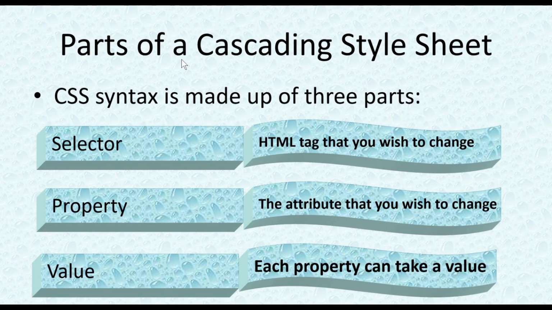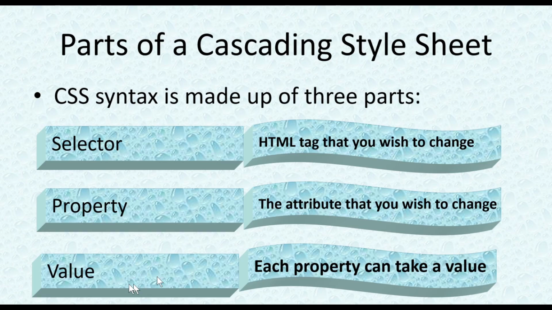CSS syntax is made up of three parts. One is called the selector, what you select, like paragraph, tag name, the HTML tag that you wish to change. This is called the selector. And you have a property as we have seen, like color, background color, font size, the attribute that you wish to change.